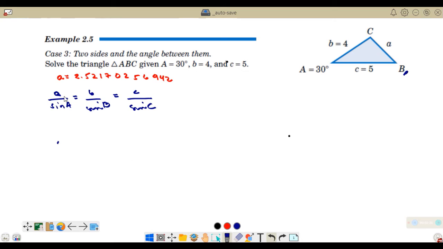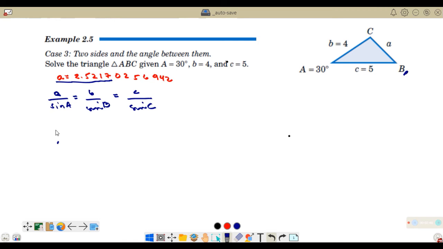I will use, to the nearest ten thousandths again, 2.5217. I stop here. So, we can get a value closer to the exact value using the law of sines. So, let's substitute.